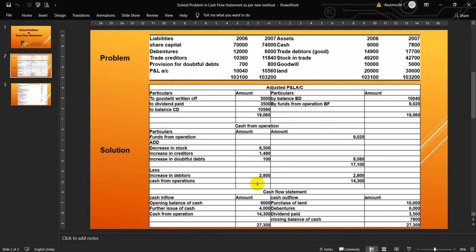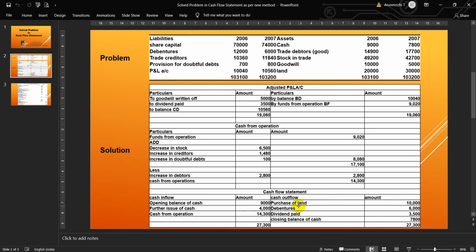Increase in debtors is given as 14,900 and 17,700. That amount, 2,800, is deducted. So after the additions and subtractions, you get cash from operations as 14,300.